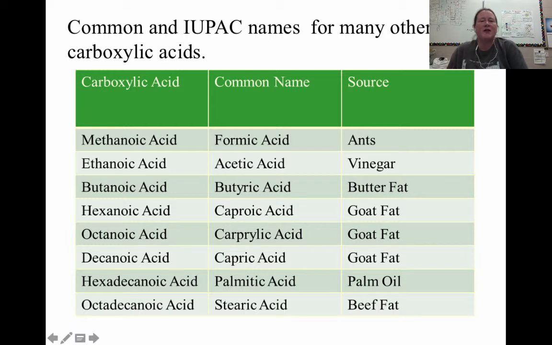But here are some common places that these carboxylic acids occur: the ant saliva, vinegar, butterfat, 3 types of carboxylic acids found in goat fats, palm oil, and beef fats. One of the things we're going to discover, especially when we start talking about lipids, is that the fatty acids are carboxylic acids. So that's why it's important for us to learn about them now.